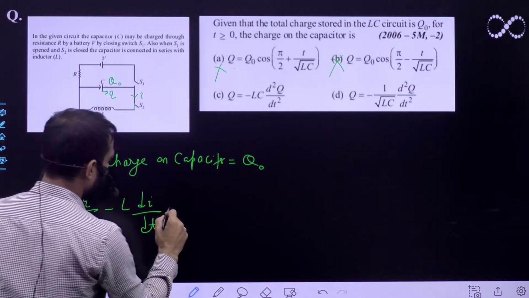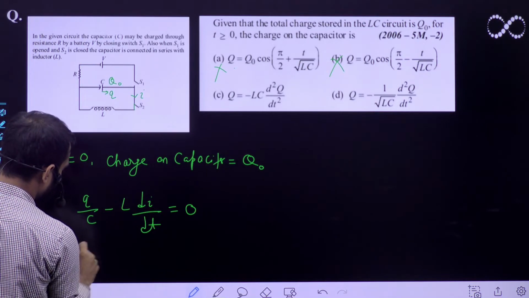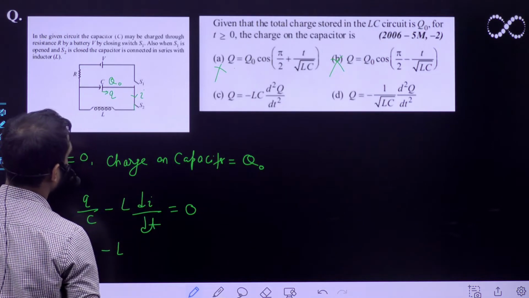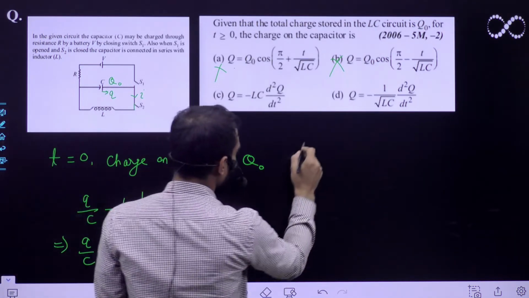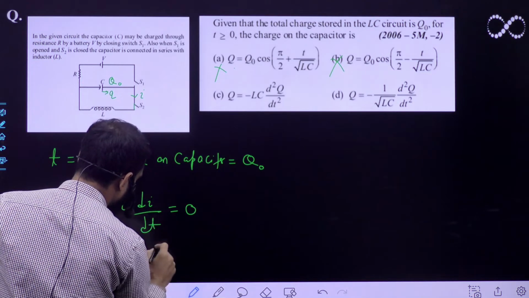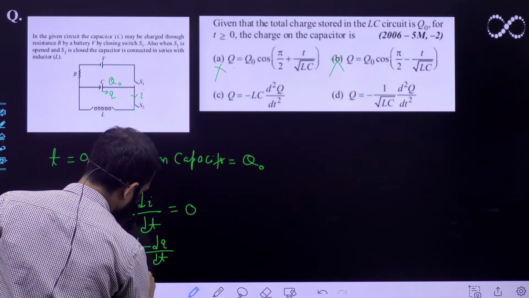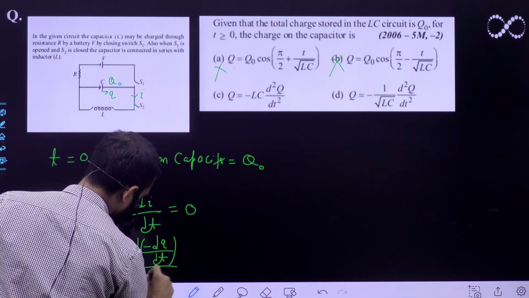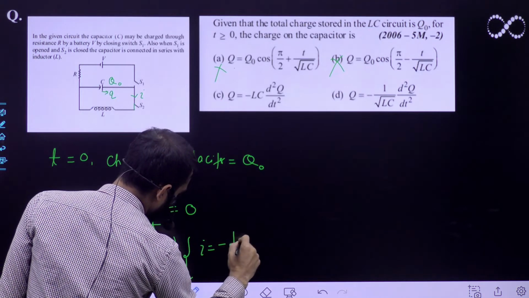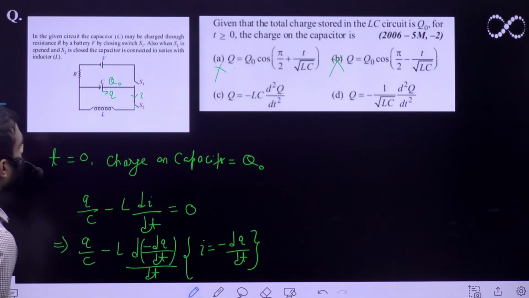If I write this equation, this will become 0. So from here I can write Q by C minus L, and the value of I will become minus dq by dt.